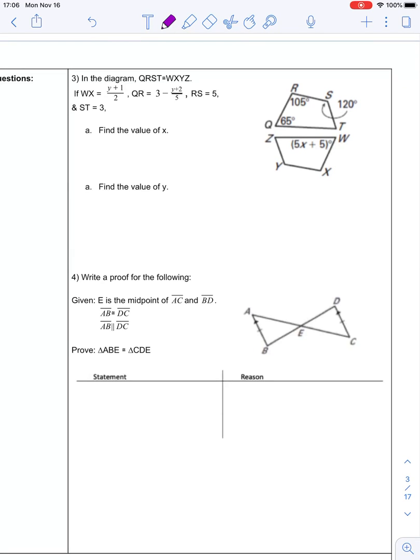Okay. So in this diagram, QRST is congruent to WXYZ. So if WX is y plus 1 over 2, and QR is 3 minus y plus 2 over 5, RS is 5, and ST is 3.